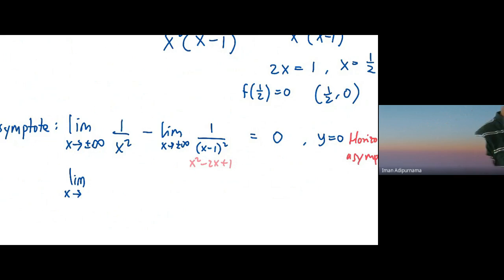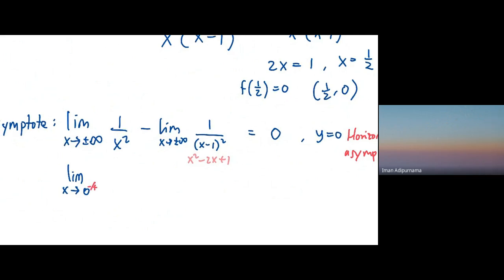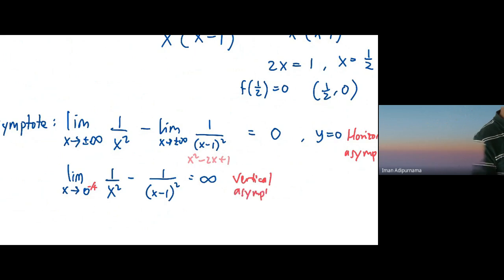So first checking with 0, you can check from left, from right. And this will result in infinity. And we know that this will be a vertical asymptote.